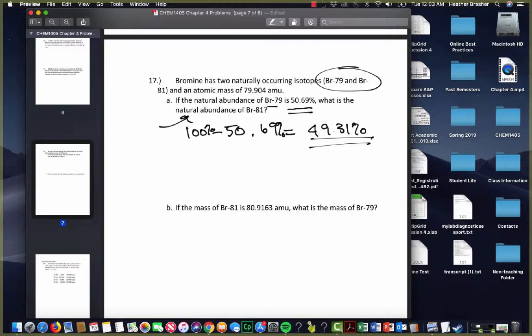And so on this, what we're going to do is look, and basically what's going to happen here is we know that we add the natural abundance: we multiply the percentage times the mass for each one.